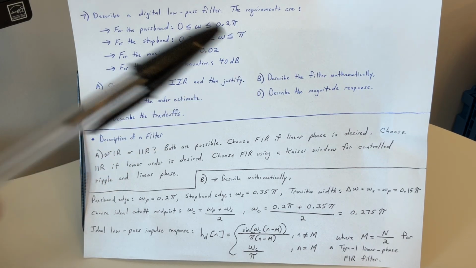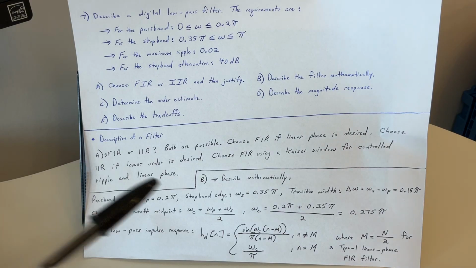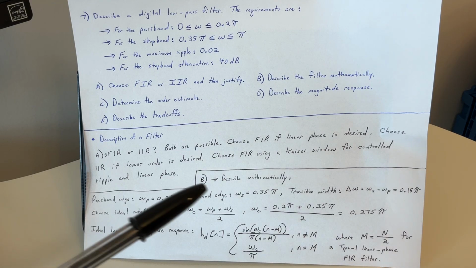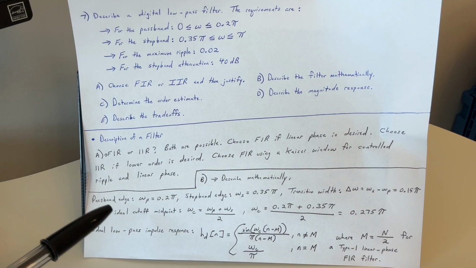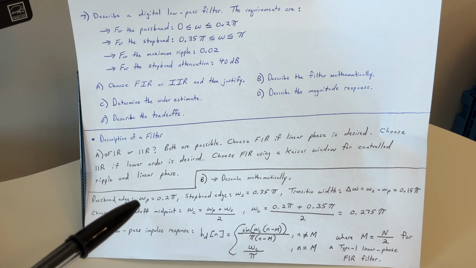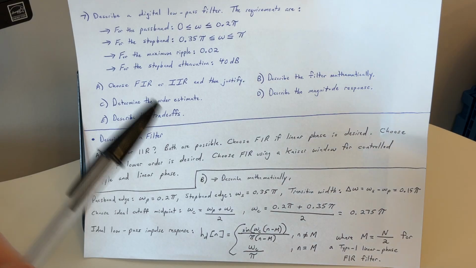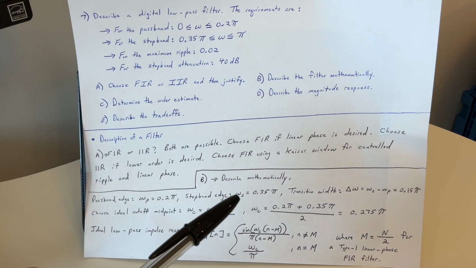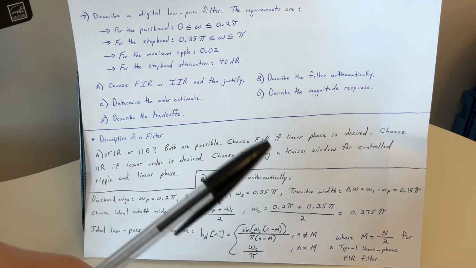Part B, describe the filter mathematically. The pass band edge, omega sub p, equals 0.2 pi. Stop band edge, omega sub s, is 0.35 pi.